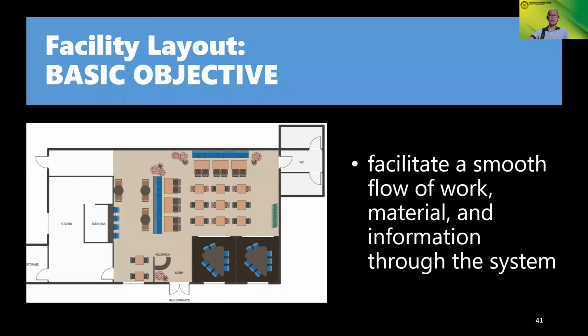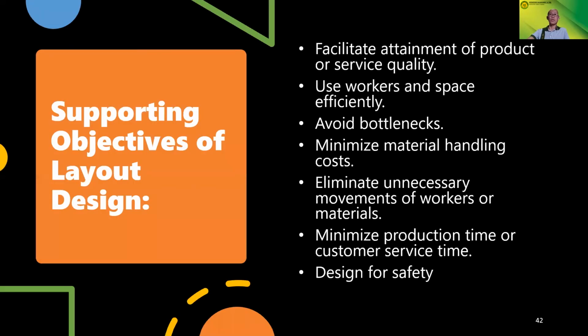The basic objective of layout design is to facilitate a smooth flow of work, material, and information through the system. The supporting objectives of layout design generally involve the following: facilitate attainment of product or service quality, use workers and space efficiently, again to avoid bottlenecks, minimize material handling cost, eliminate unnecessary movement of workers or materials, minimize production time or customer service time, design for safety.